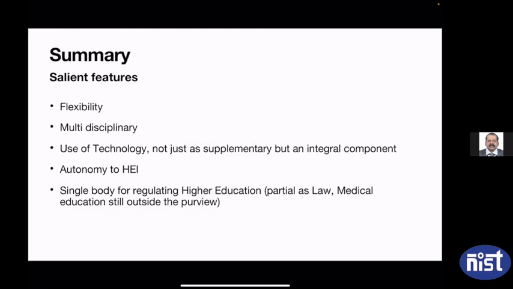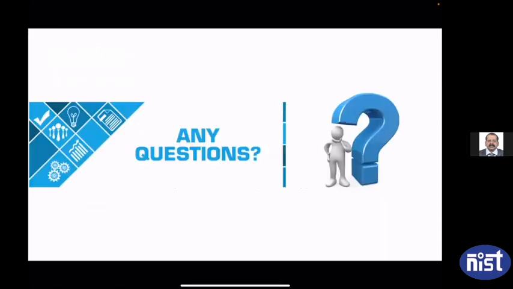There is definitely a lot of new component in this NEP. But again, it depends on how we implement it, and implementation will become a key issue. If implemented properly, it can take India to the best stage in the world where we can actually become vishwa gurus. So the implementation will be critical. That is my last part.